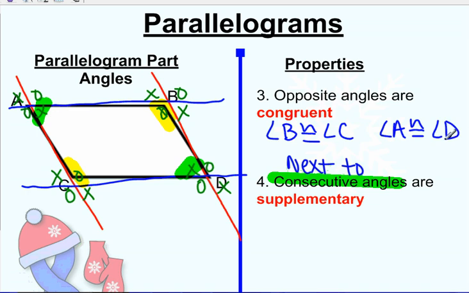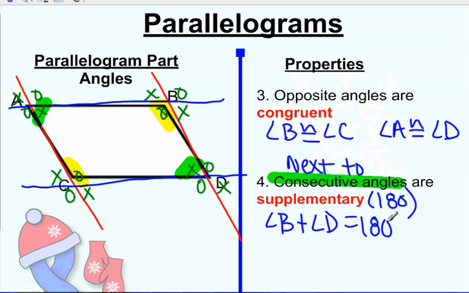Now for consecutive angles, if they're supplementary, they add up to be 180 degrees. So that's going to be angle B plus angle D equals 180. Angle A plus angle C equals 180.